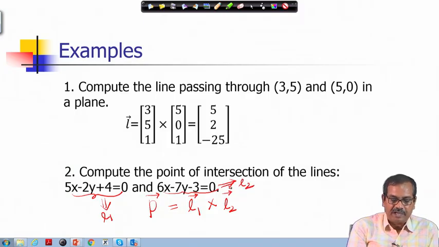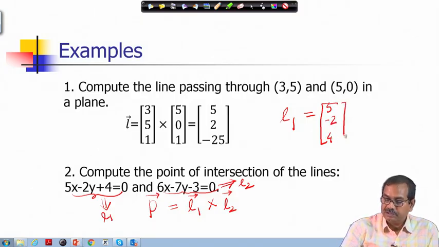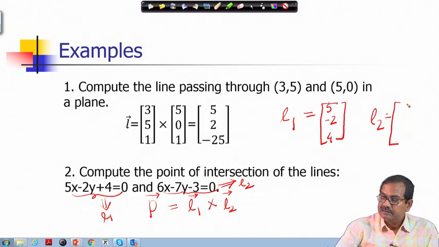So, from 5x minus 2y plus 4, we know that L1 can be represented as (5, minus 2, 4), and from 6x minus 7y minus 3, L2 is represented as (6, minus 7, minus 3).